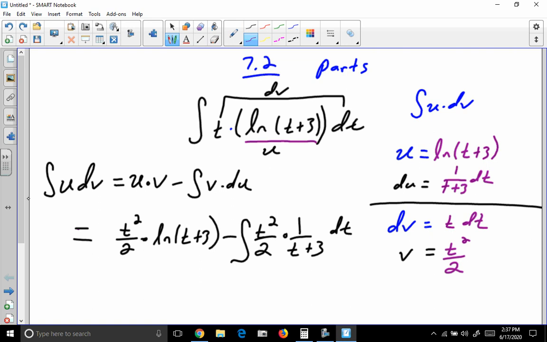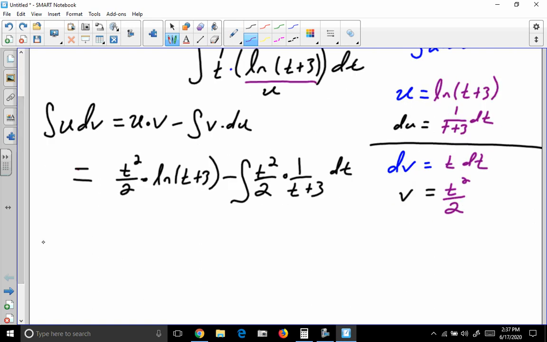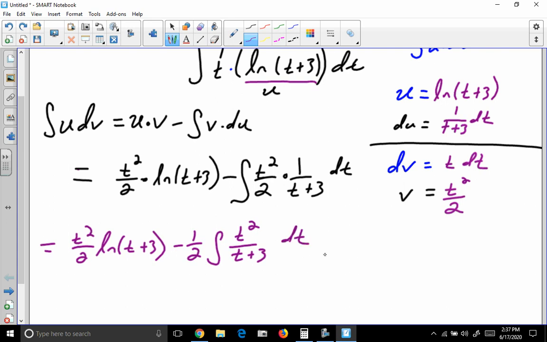Now, a couple things. There's still an integral in our problem, so we're still not done. Also, that 2 on bottom, it can come out front, and we can call this 1/2 times the integral of t squared over t plus 3 dt.